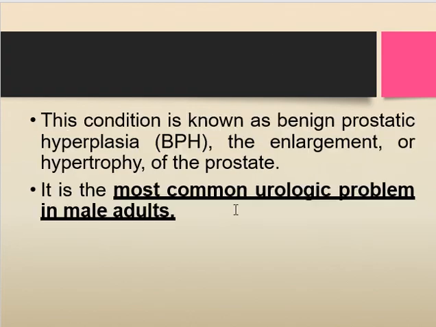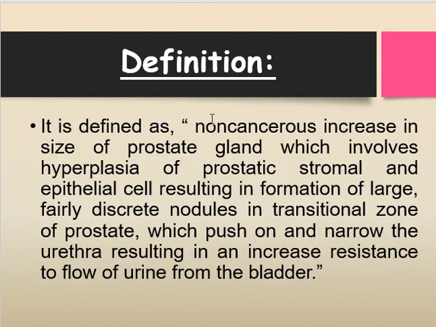So what we were seeing is the definition of benign prostatic hyperplasia. It is non-cancerous. There is an increase in the number of cells of the prostate gland, and once it increases in size, nodules are formed. When the number of cells is more than what is required, small lumps form in the transitional zone of the prostate.